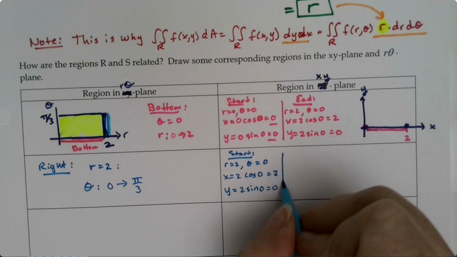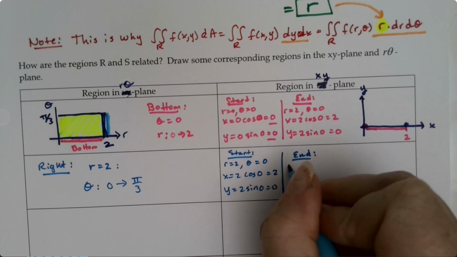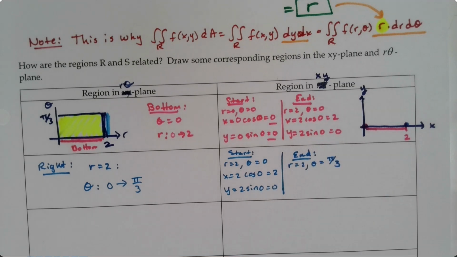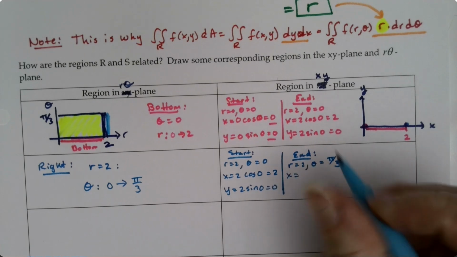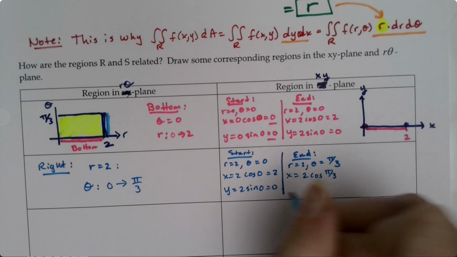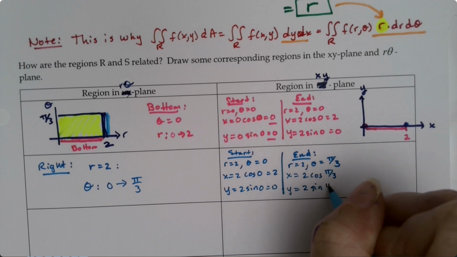But I'm going to end at r equals 2, theta equals pi over 3. So that's x equals 2 cosine pi over 3, and y equals 2 sine of pi over 3.